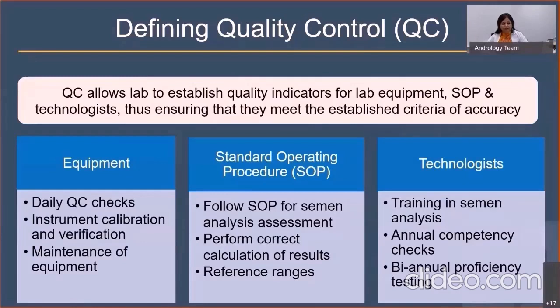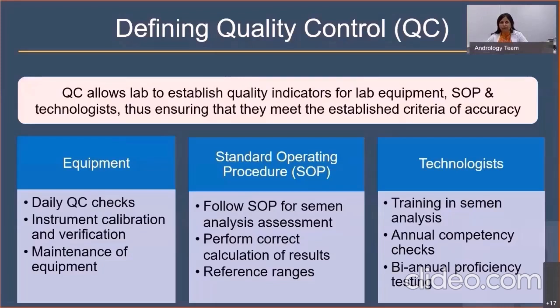So how is this achieved? Basically, quality control includes all activities or operational techniques which are carried out to meet the quality requirements for a particular process or product. Just to give you an example and make it a little interesting, a product could be from a manufacturing unit like a Mercedes-Benz car. So every time we go to the showroom, we get a perfect car.